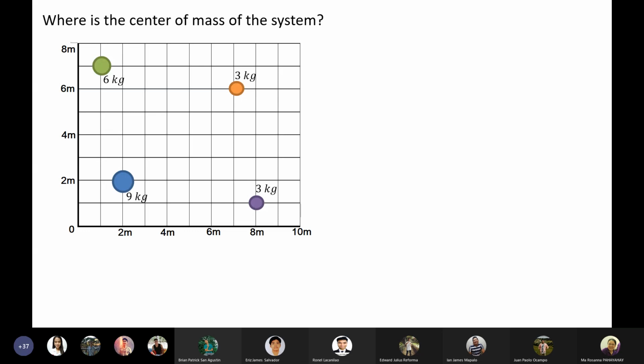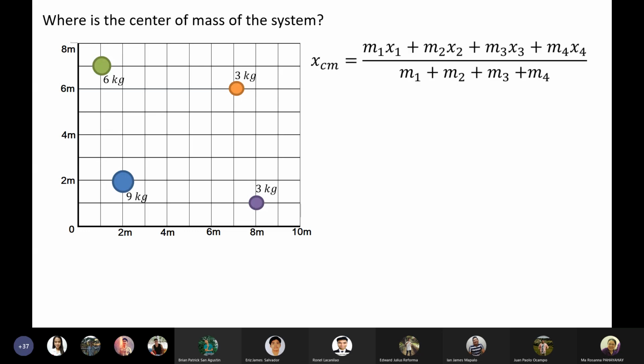So, we will use again our formula previously, which is this. So, since we have 4 masses, I add up M3X3, then M4X4, then the other 2 masses. Again, X1, X2, X3, and X4 are the position of the masses. Okay? So, in this case, since these are circle, lahat ng center of gravity ng center of mass ng circle ay nasa gitna.